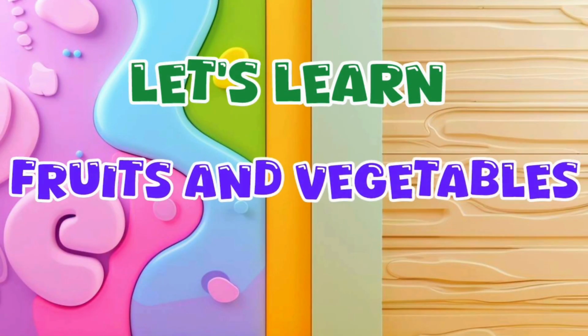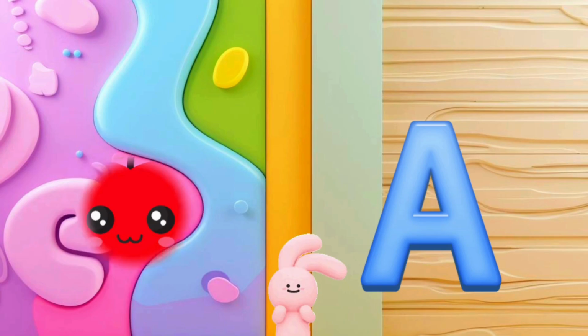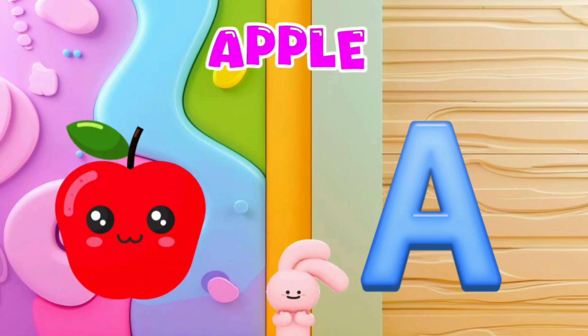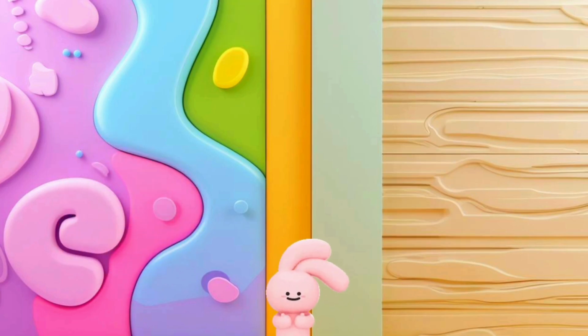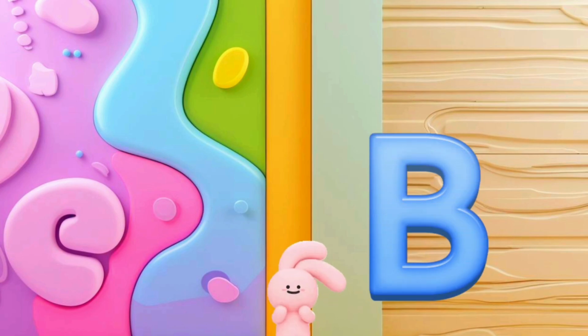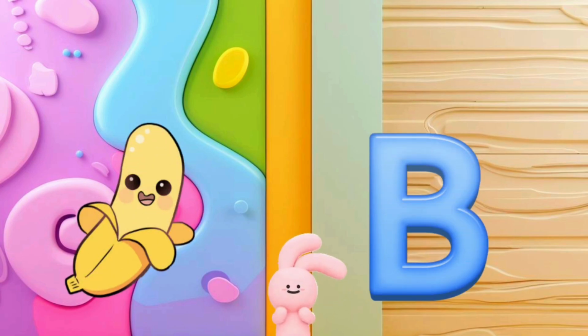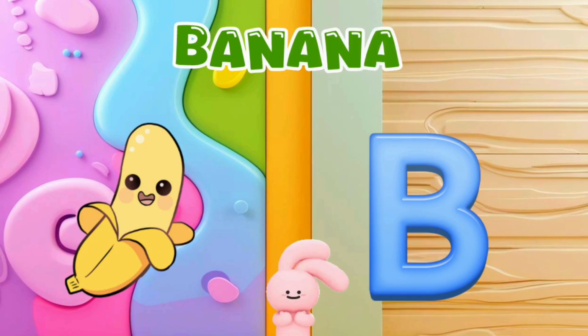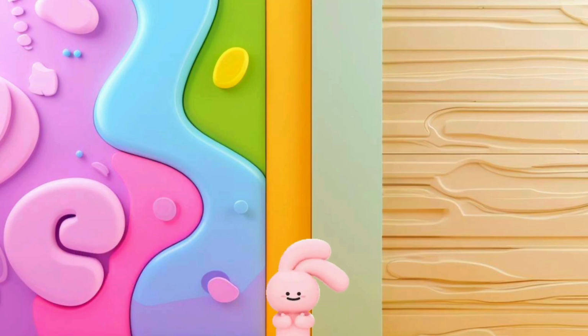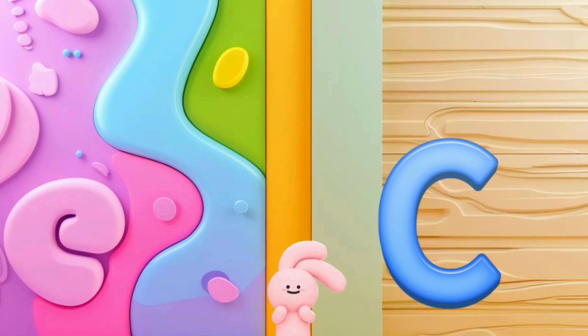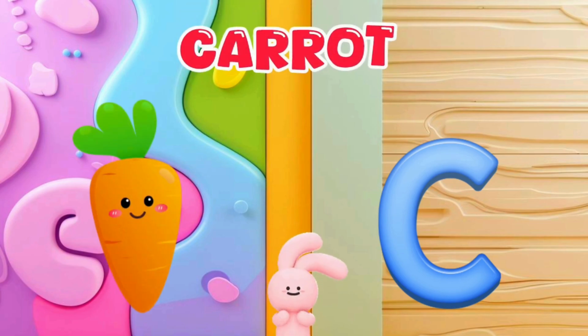Let's learn fruit and vegetable alphabet. A is for apple. B is for banana. C is for carrot.